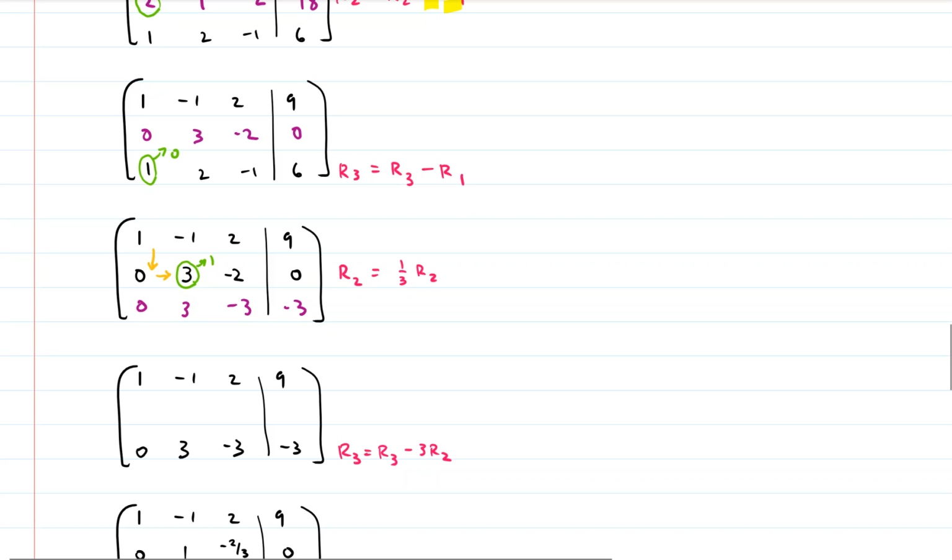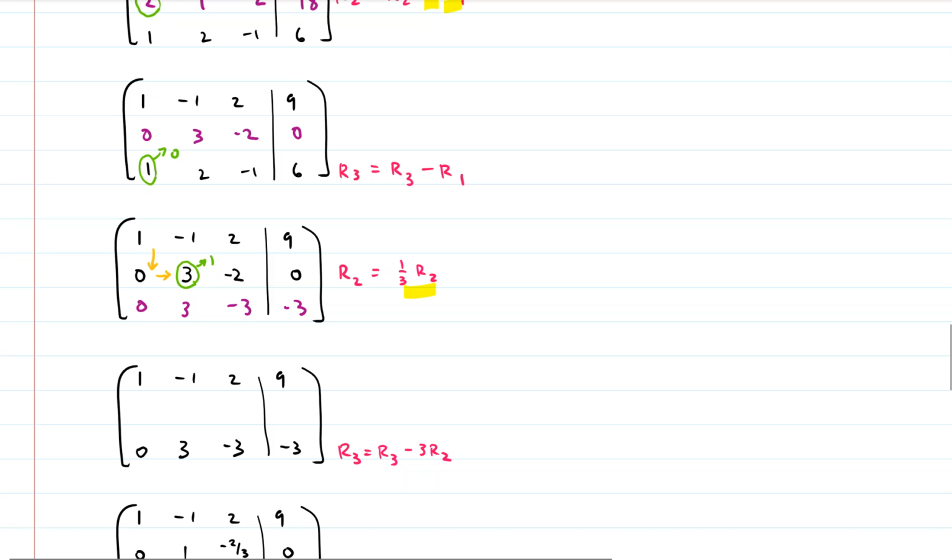Let's fix this by saying 1/3 times row 2, meaning we're just going to multiply this entire row by 1/3 and see what we get. It's going to work out for us.